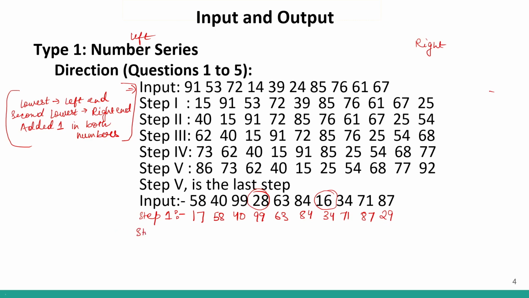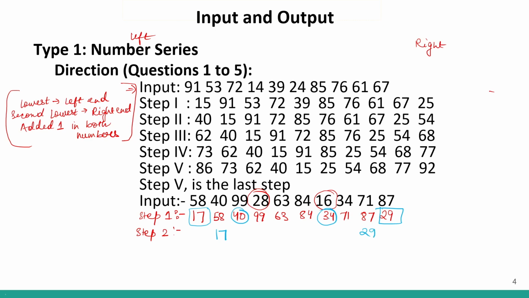Then we will have step 2. Step 2, same logic. So now position of 17 is fixed. This will not move. And position of 29 is fixed. This will not move. Now let us look at the lowest number. Lowest number will be 34. And the second lowest number I can see is 40. So 17 will come over here. 29 will come over here.